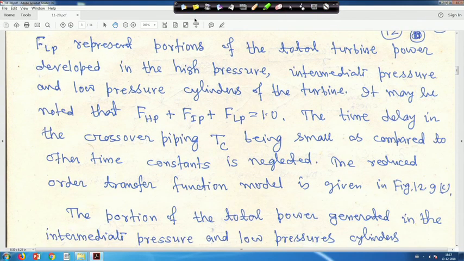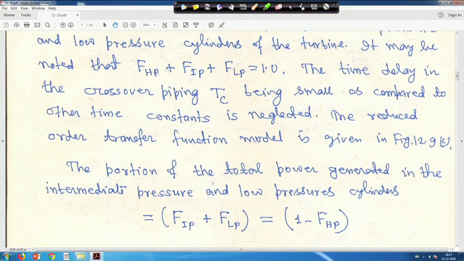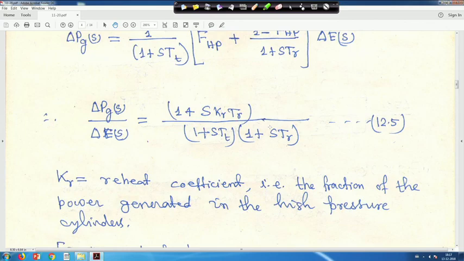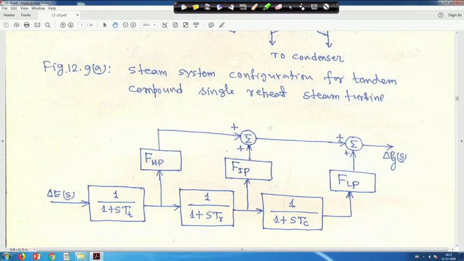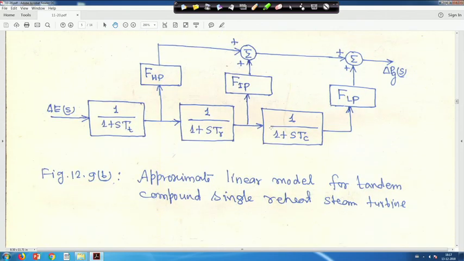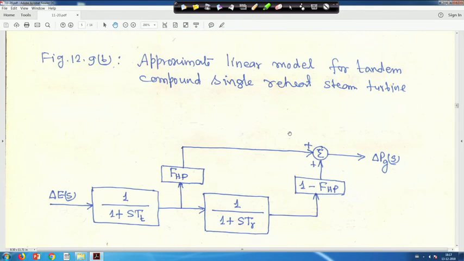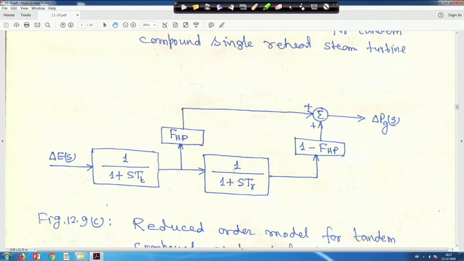We will go to the portion of the total power generated, Figure 9C, which I showed you already, once again, right. Here TC is neglected in Figure 9C, the reduced order model.